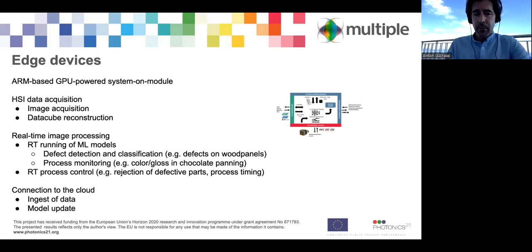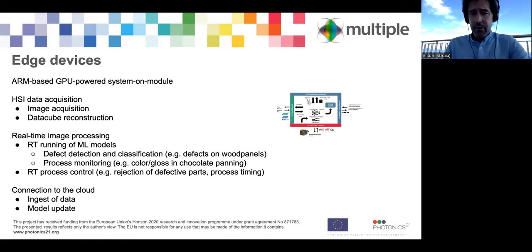And the edge devices are also in charge of all the real-time operations, which are basically of two types: the running of machine learning models, for instance, for defect detection and classification in a boot working scenario, or for process monitoring in a chocolate production line.